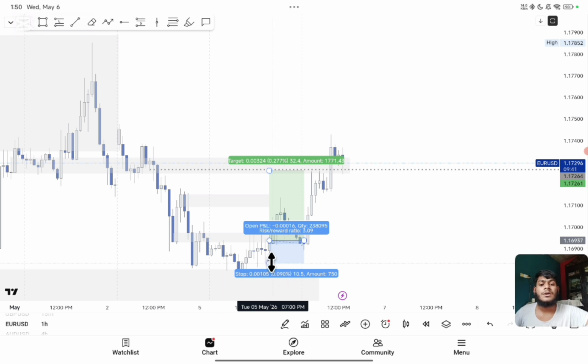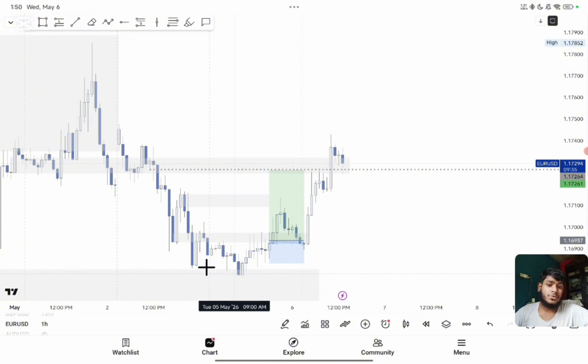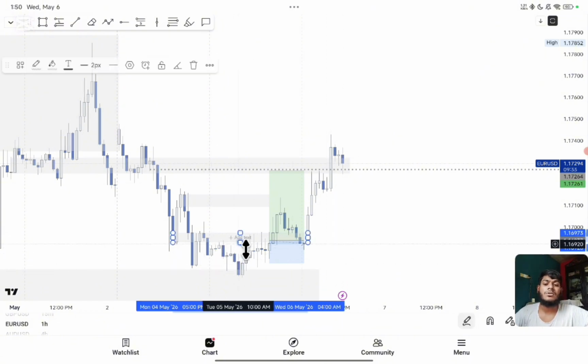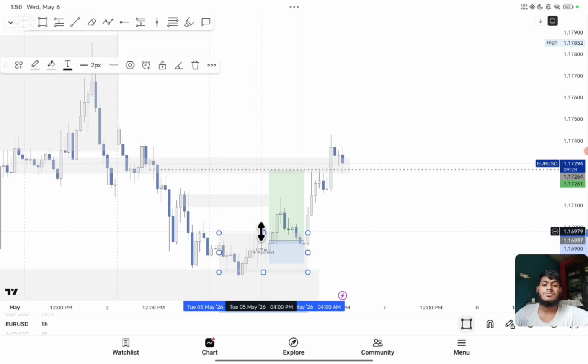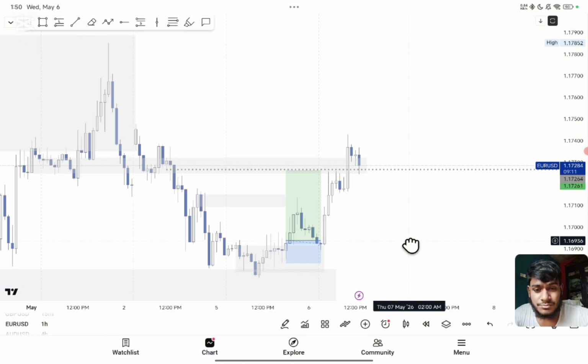So yeah, I was expecting a pullback toward this whole extreme order block on this one, from which price will react bullish. But still, since I was also in GU, I was so invested in the idea that either I'm going to be taking wins or I'll be out at break even.